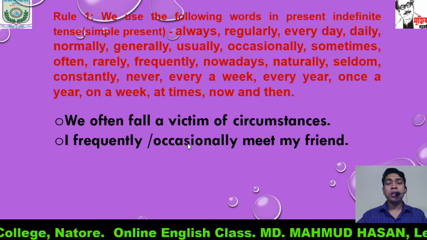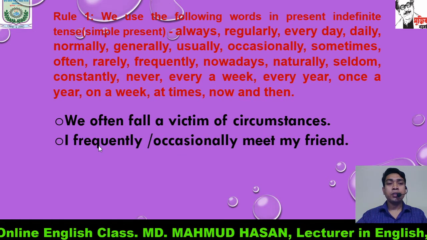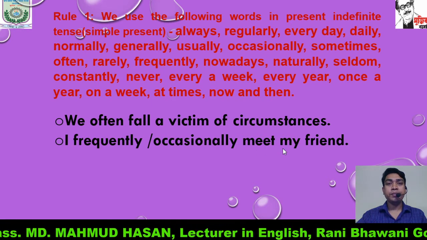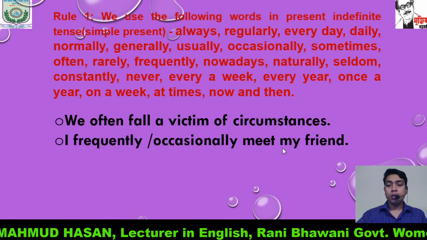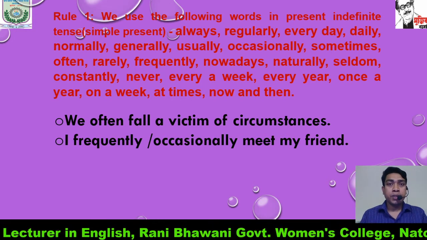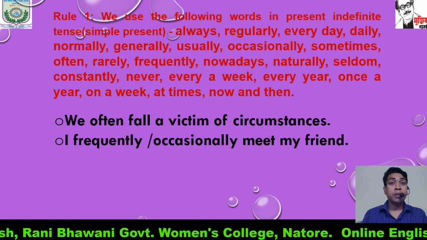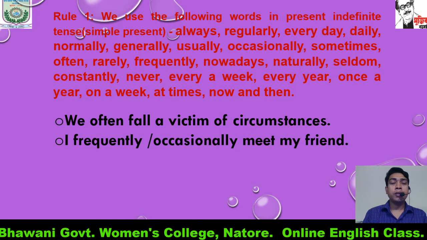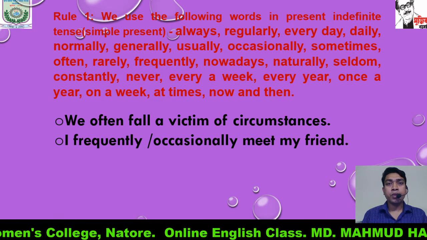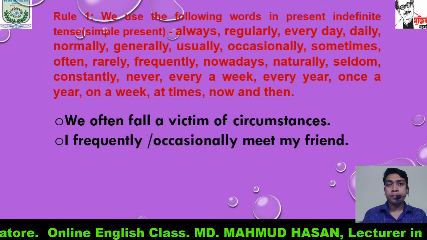Frequently, occasionally, these are the indicators of simple present. This is not all about simple present form. This is actually some indicators. In many ways we can express our simple present form. This is some of them.